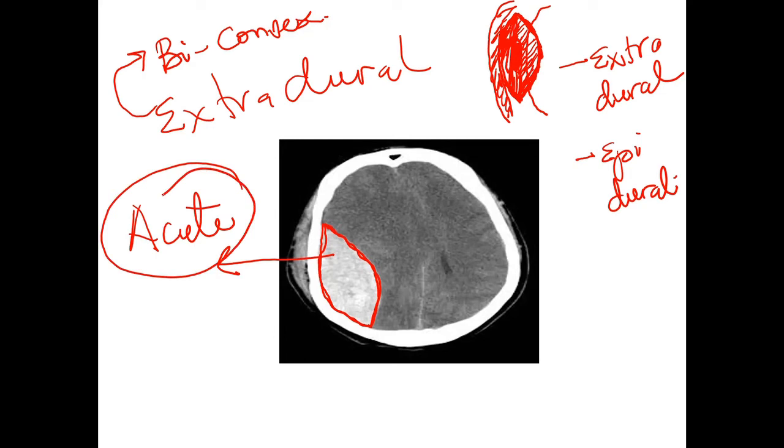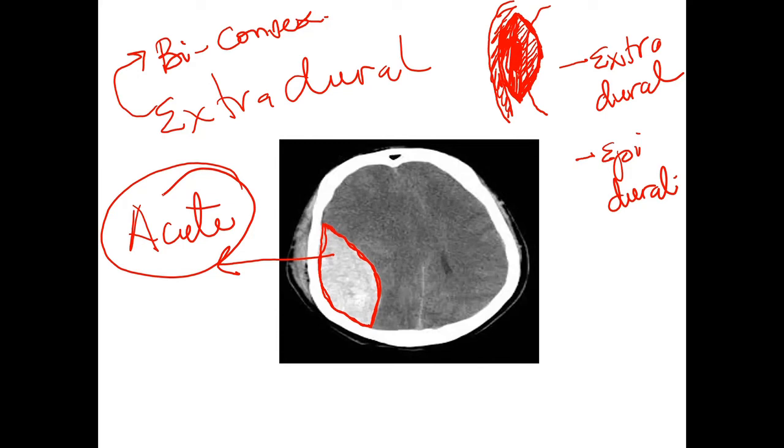Most of the iron has not been absorbed. So you can describe this lesion as an acute extradural hematoma or acute epidural hematoma. So what is acute epidural hematoma? It is intracranial hemorrhage where there is bleeding between the skull and the dura.